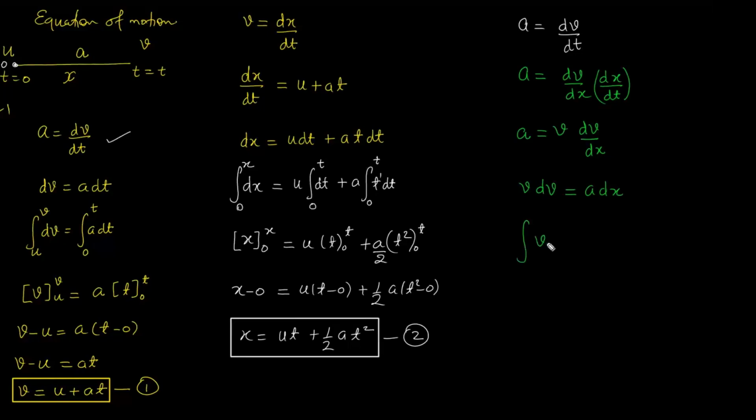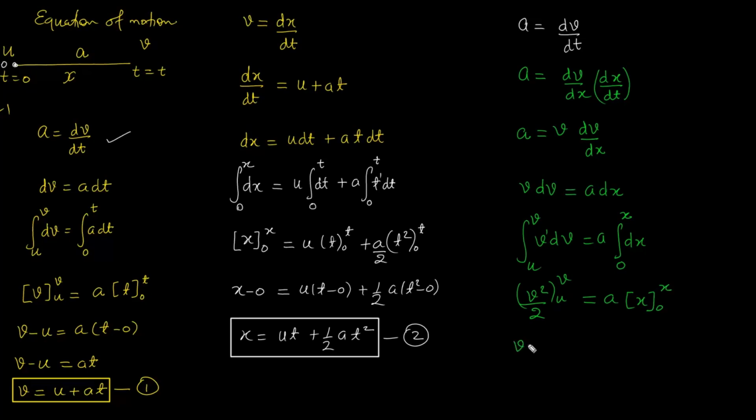Again integrating both the sides with proper limits. Initially displacement is 0 and initial velocity is u. At displacement x, the final velocity is v. Now integration of v is v square by 2, with lower limit u and upper limit v. Integration of dx is x, lower limit 0, upper limit x.